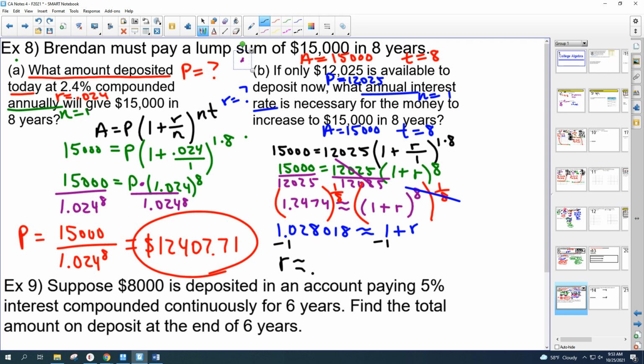R is going to be approximately 0.028. Well, there's my rate right there, right? This is about 2.8%.